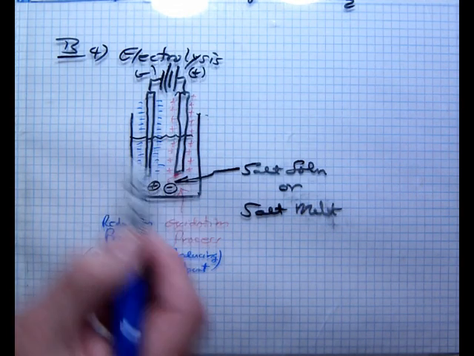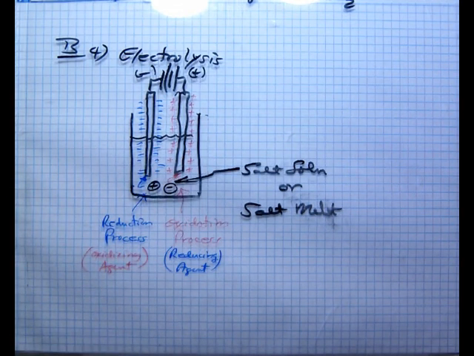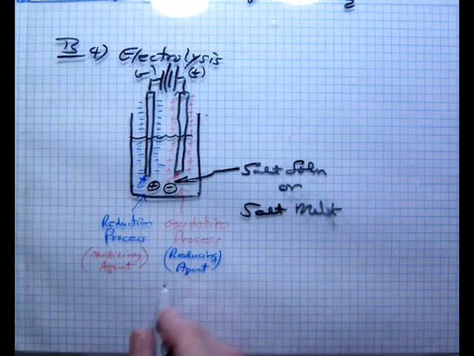But the process of passing a current through a solution or a melt of an ionic compound results in oxidation reduction, and the outcome is basic elements in their standard state.